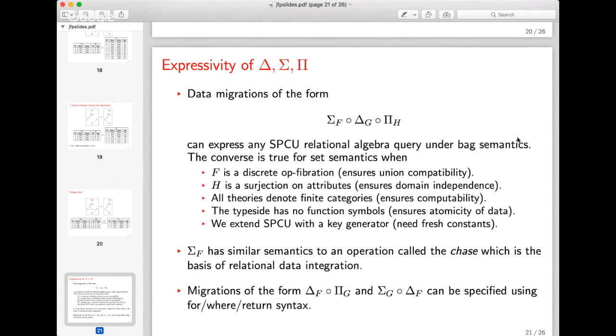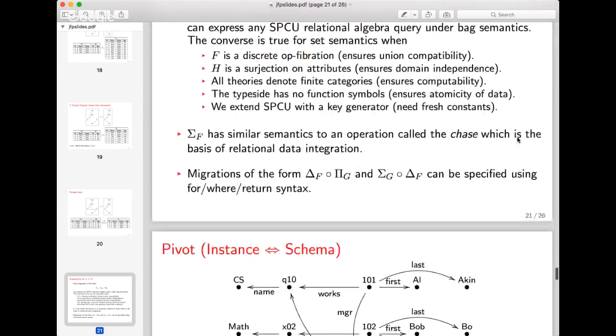And in addition, the sigma operation has a semantic similar to something called the chase, which is how we can use it to do data integration, which I haven't really talked about in this talk, but there's another talk that mentions it. And then there's also nice for-where return syntax that you can use to specify these data migrations, which I won't talk about here because they're in the other talks.